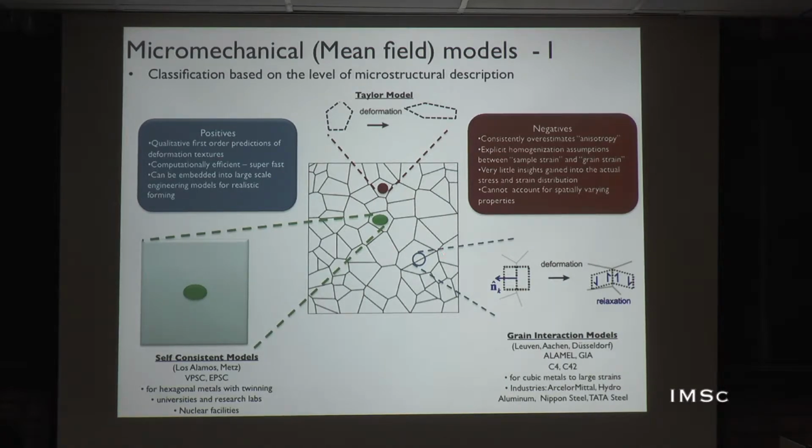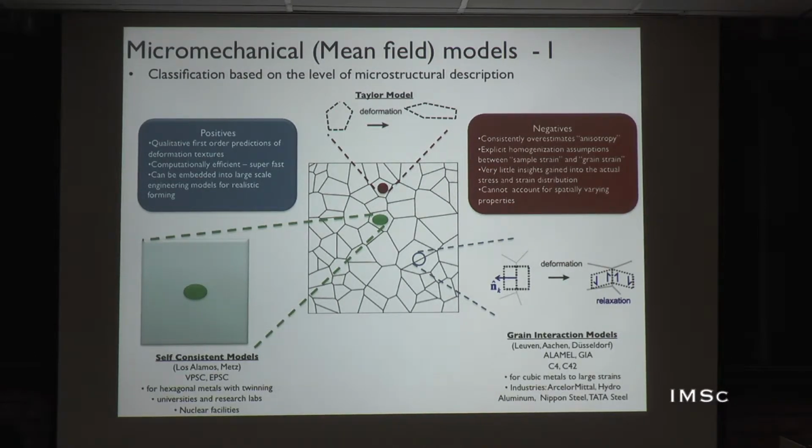Are the local interactions important? Are the far field interactions important? We don't know. So, you are forced to make assumptions about the macroscopically applied strain and the local strain in the microstructure, and that is something that is always questionable. You can go lower bound, upper bound, decide what you have to choose, but it is okay.